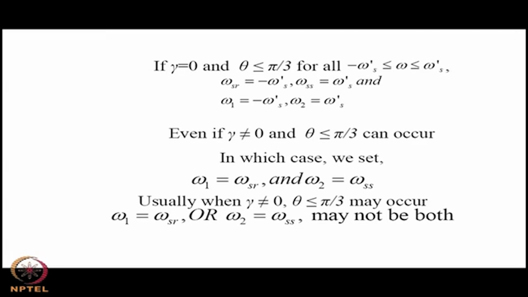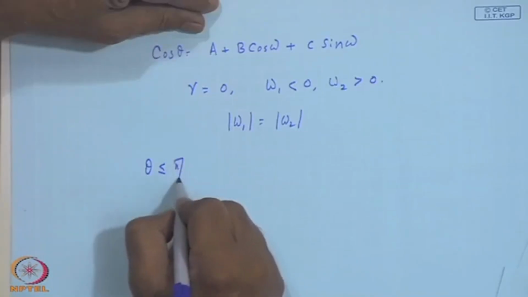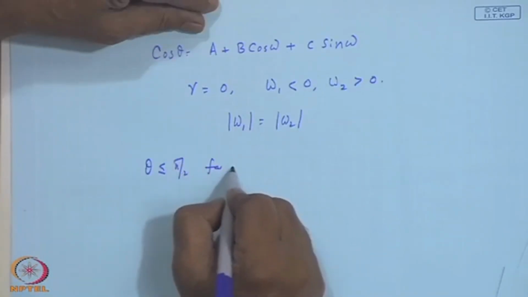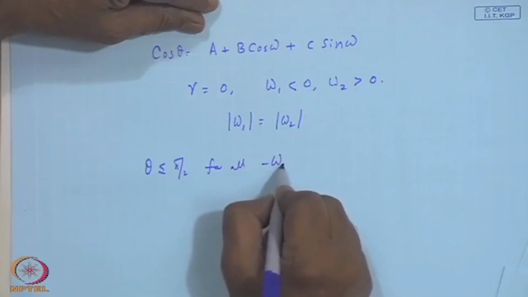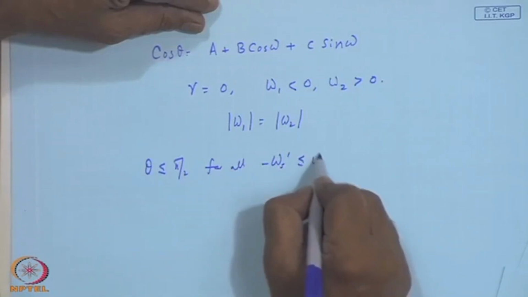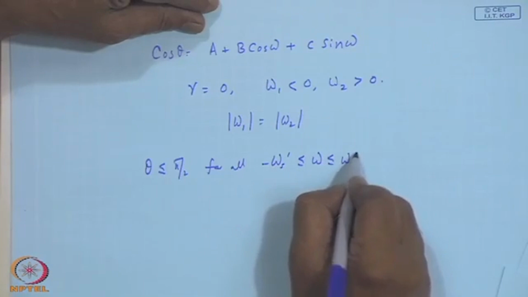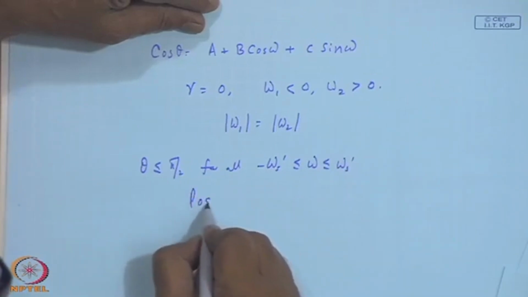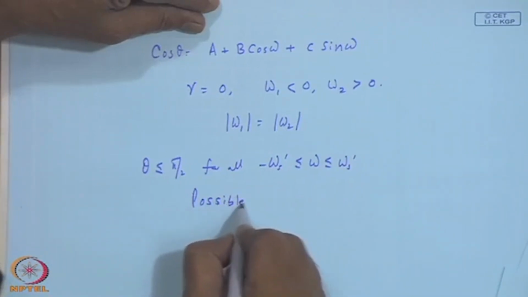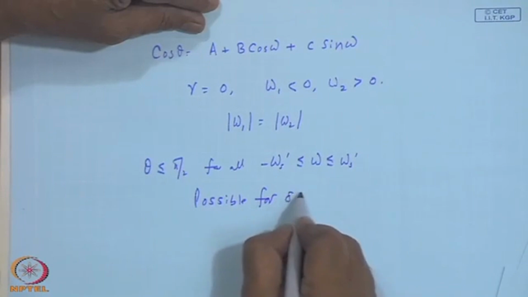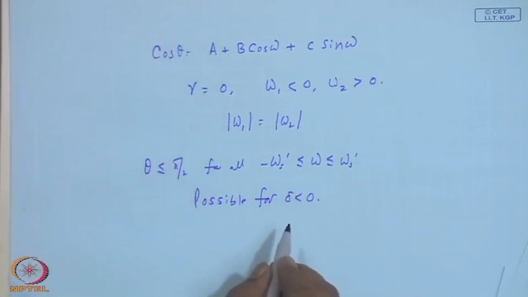Now, in case, for example, in summer months or winter months, we may have gamma equal to 0 and theta less than or equal to pi by 3 for all omega between minus omega s dashed and plus omega s dashed, possible with negative delta.